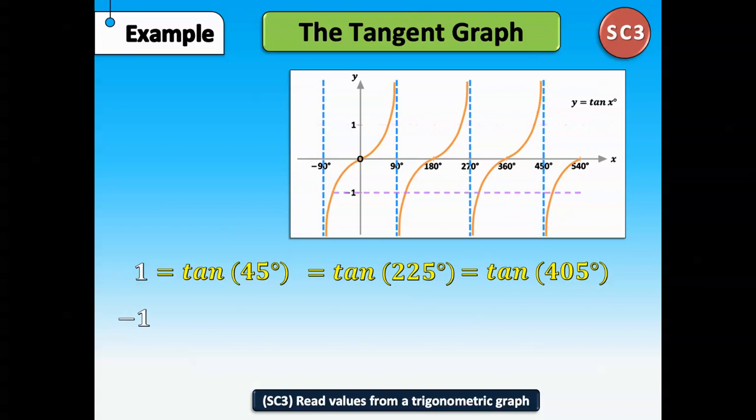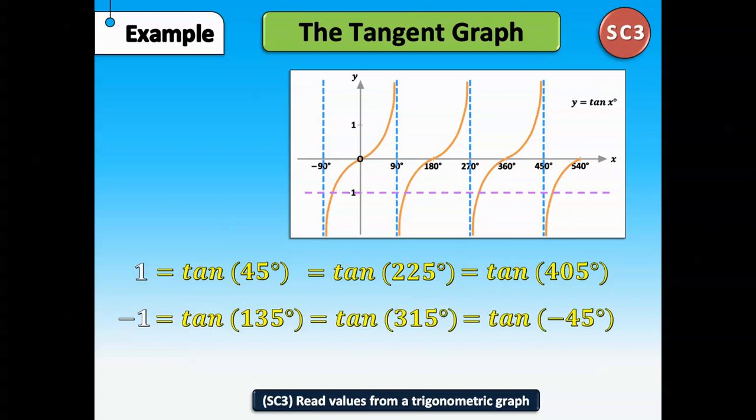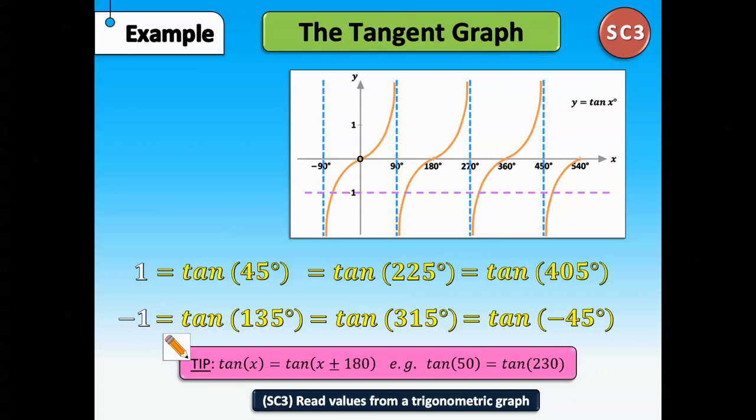And the line y equals minus 1, that passes through tan 135, tan 315, and tan minus 45. This means that tan x will equal tan of x plus or minus 180 degrees. So for example, tan 50 will be the same as tan 230.